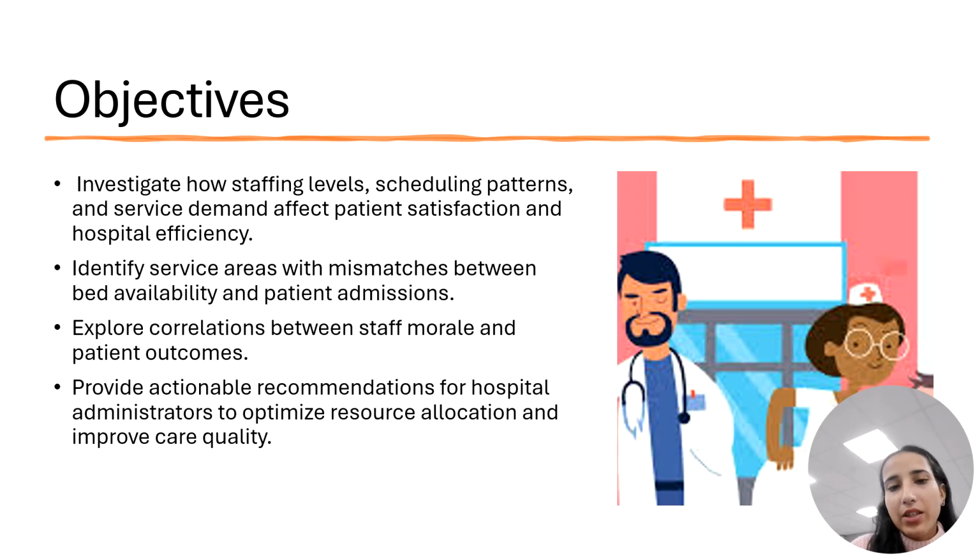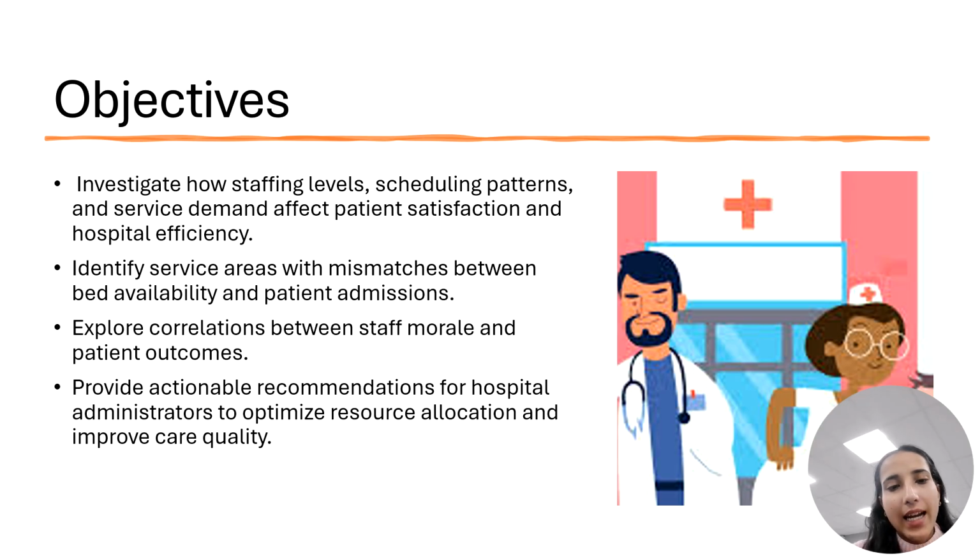Since these gaps directly affect patient experience, another key focus was exploring the correlation between staff morale and patient outcomes, recognizing that the well-being of staff often translates into the quality of care delivered. Finally, the project is designed to provide actionable recommendations for hospital administrators, helping them optimize resource allocation and improve overall care quality.